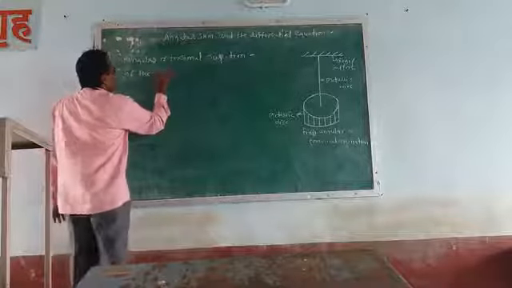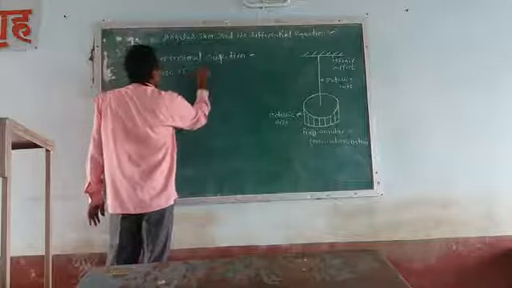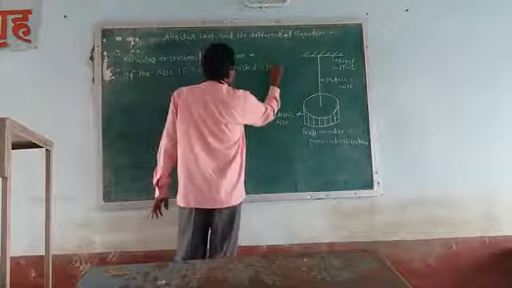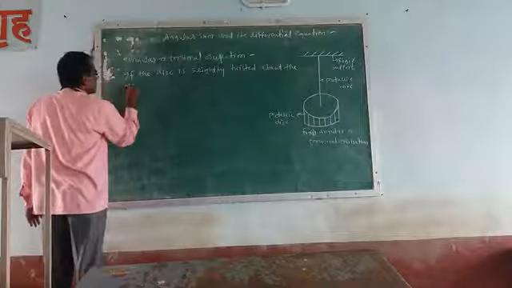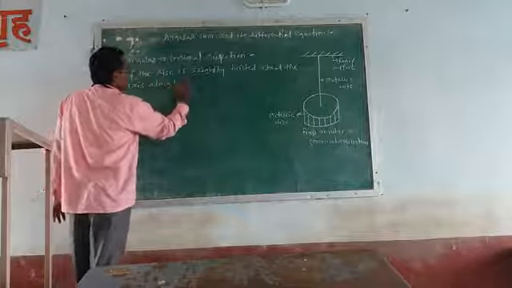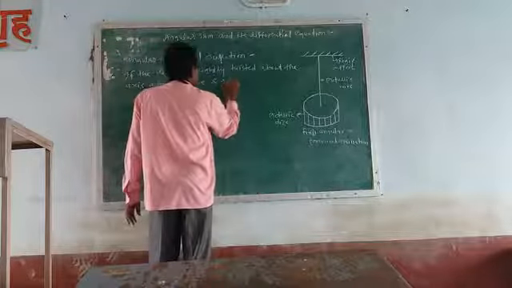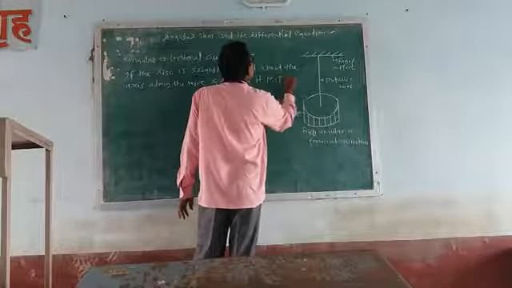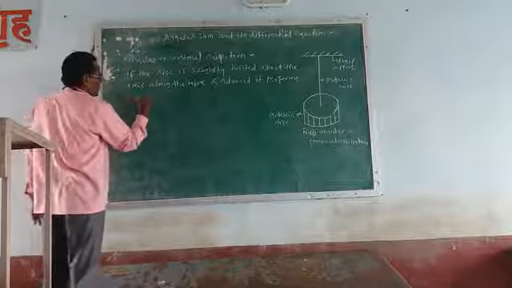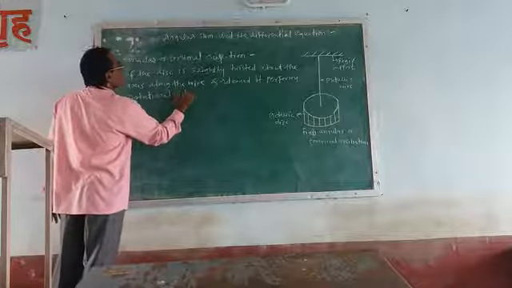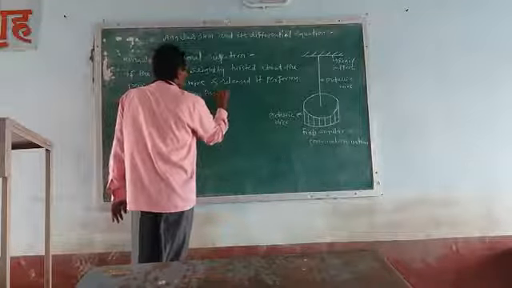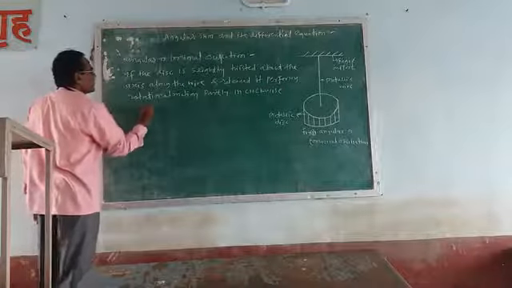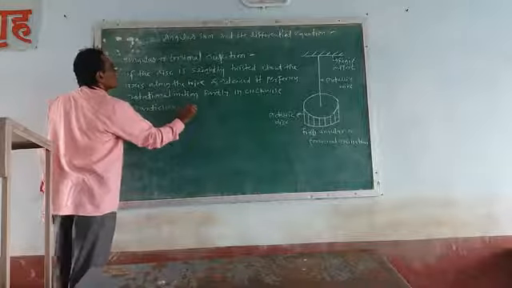If the disc is slightly twisted about the axis along the wire and released, it performs rotational motion partly in clockwise or anti-clockwise sense.